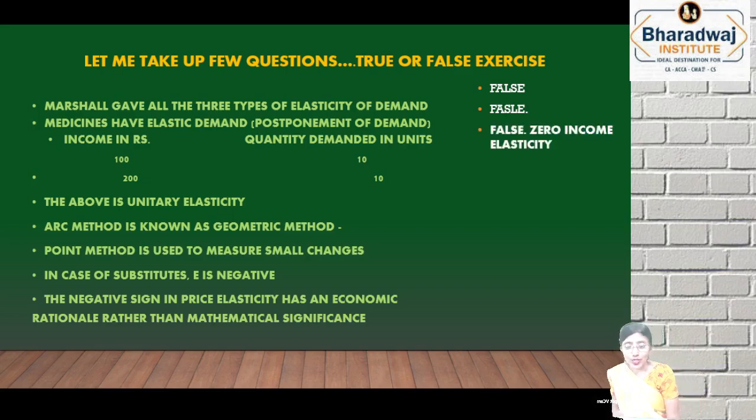False. Because what we are showing is zero income elasticity of demand. Very good understanding. People who have done this correctly are wise because they have answered an intricate question. From 100 to 200, my increase in the quantity demanded should be 10 to 20 if it is unitary. But it's not there, no?